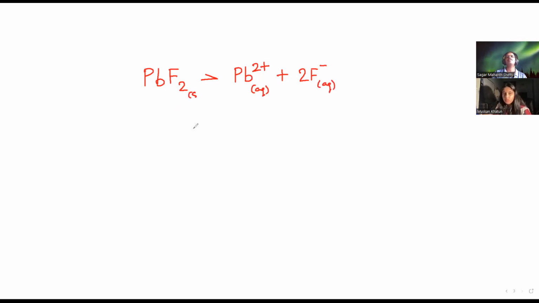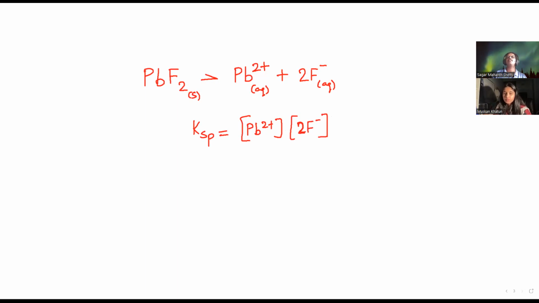If I have to write the solubility product here, how would that be? That would be Pb2+ times fluoride, times. Understood this? Now, because there are 2 fluorines, we can't write it as 2F.